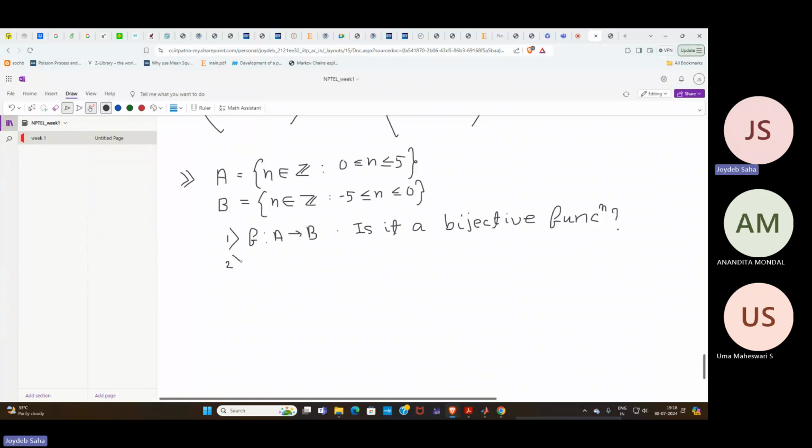Question 2. Whether A and B are equicardinal.